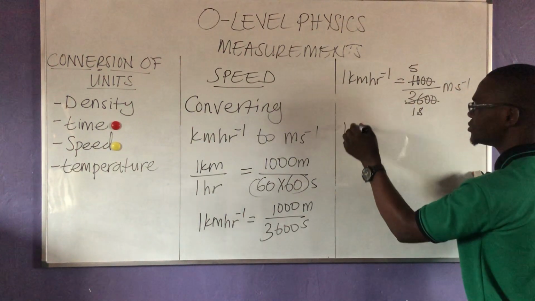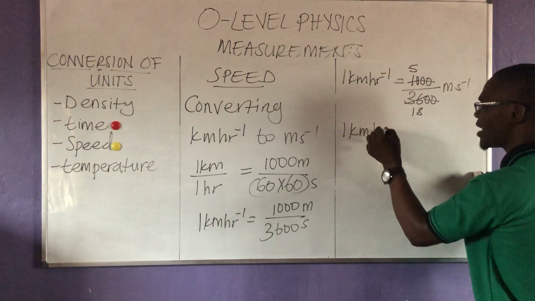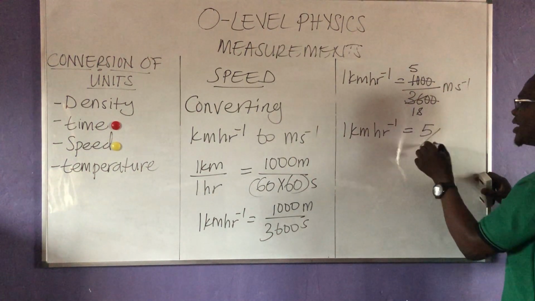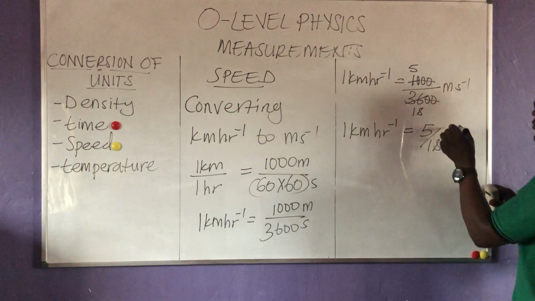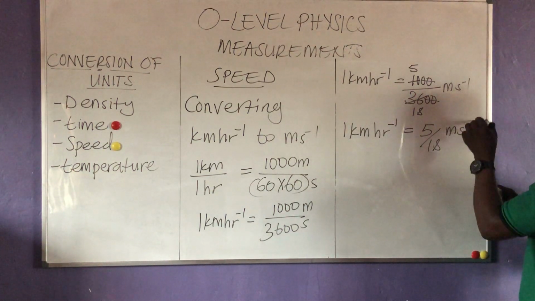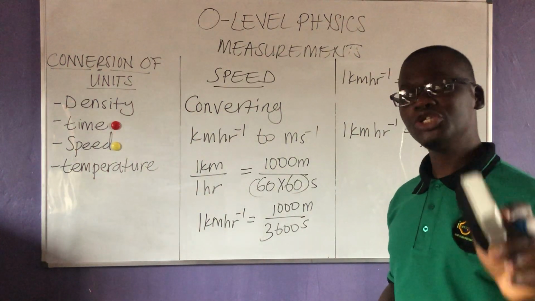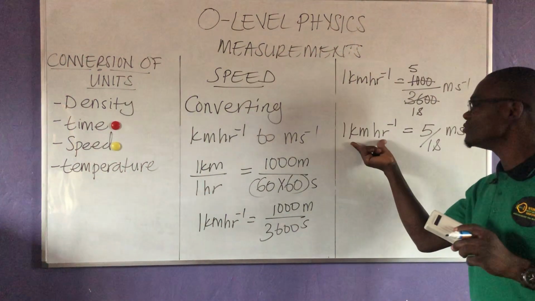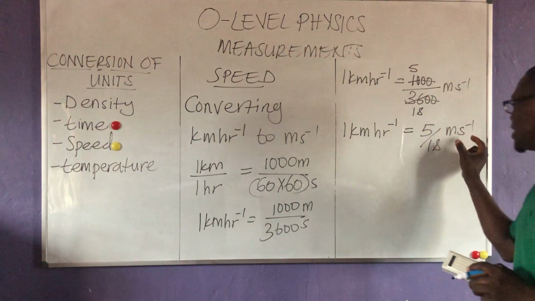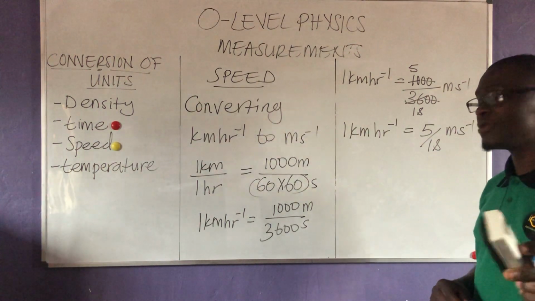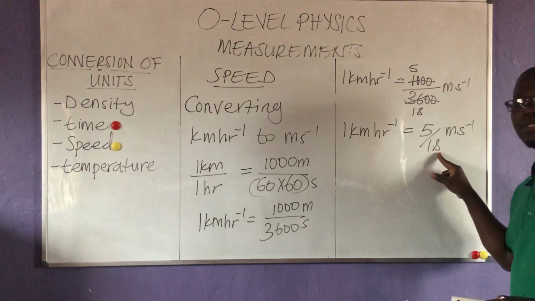Meaning that 1 kilometer per hour is equivalent to 5/18 meters per second. Meaning that whenever I'm changing from kilometer per hour to meter per second, I'm going to multiply my value by 5/18.